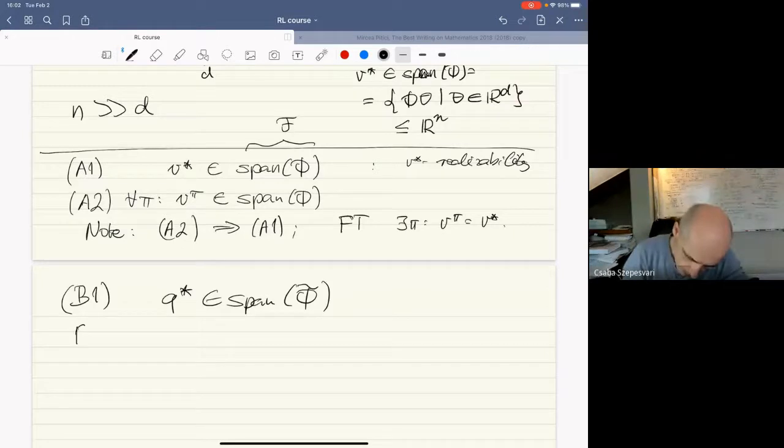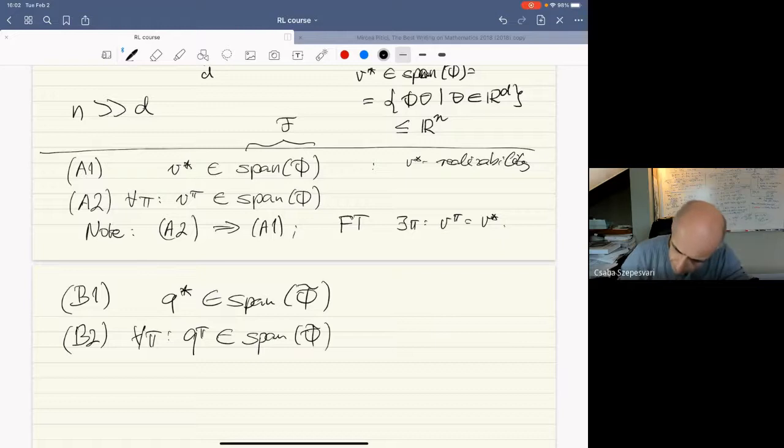And then you can have another one that says that for all policies pi, Q pi is in the span of phi tilde. And again, B2 is going to imply B1.